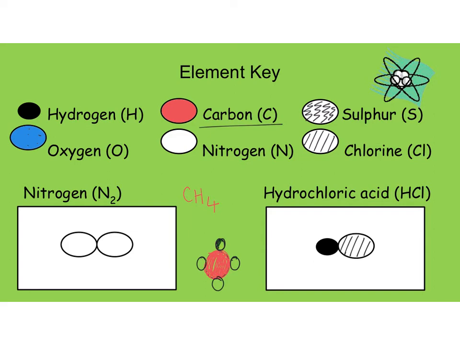Whatever element is on its own goes in the middle because they're all bonded to that carbon. You wouldn't see it drawn any other way, and that's most probably the biggest common misconception you see. Put your lone element, which in this case is carbon, in the middle. Also make sure they're touching because they are chemically bonded together.